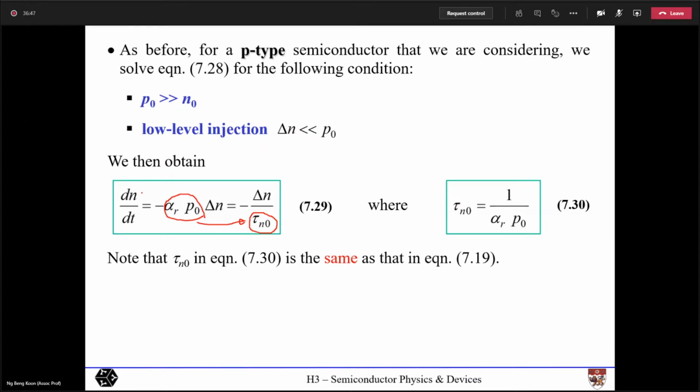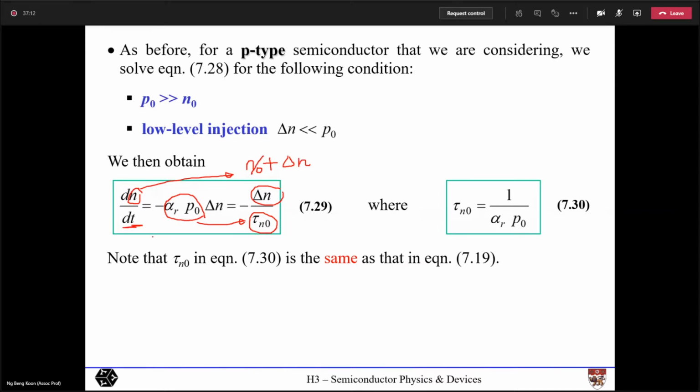The other thing that we can also simplify is this n here. In the differential equation, we have variable n, but on the right hand side is a variable delta n. So we can replace the n with n naught plus delta n. If you take the derivative of this with respect to time, the n naught will be 0.